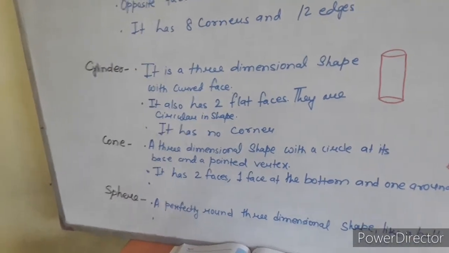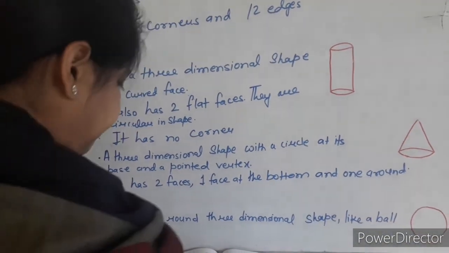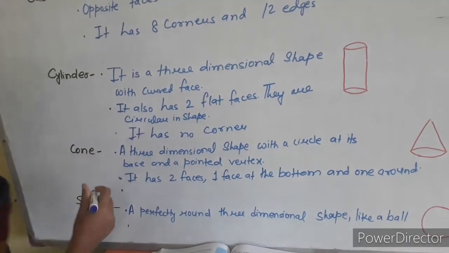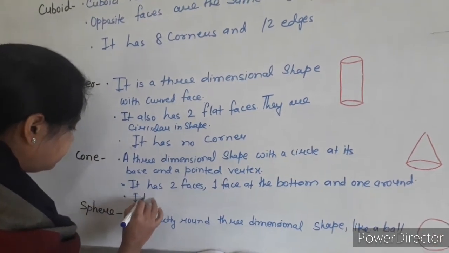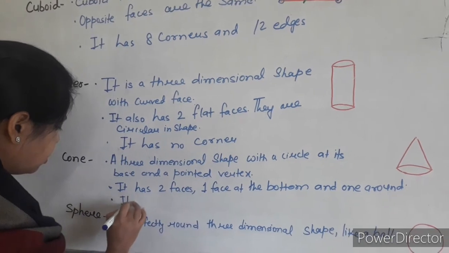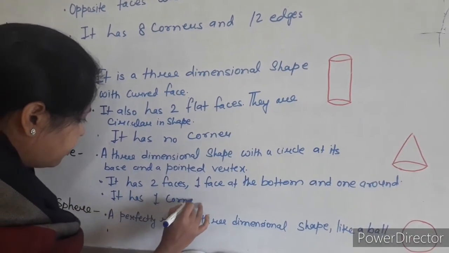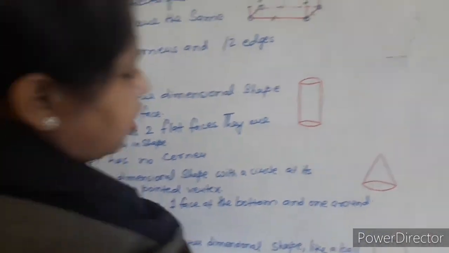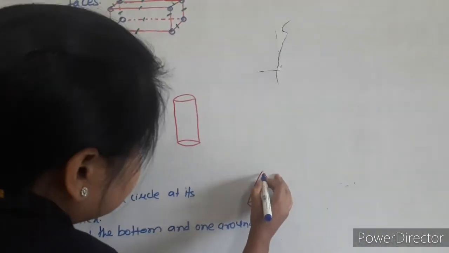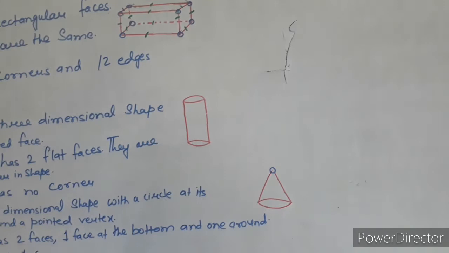That means it has 2 faces. And the cone has one corner. Yes, it has one corner.